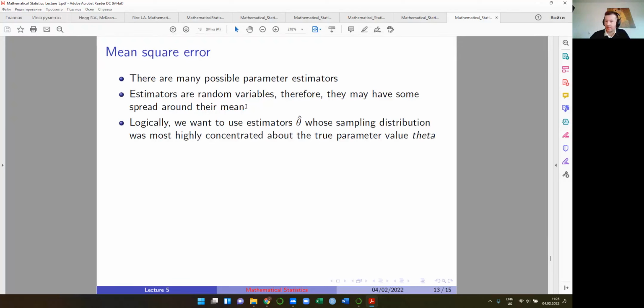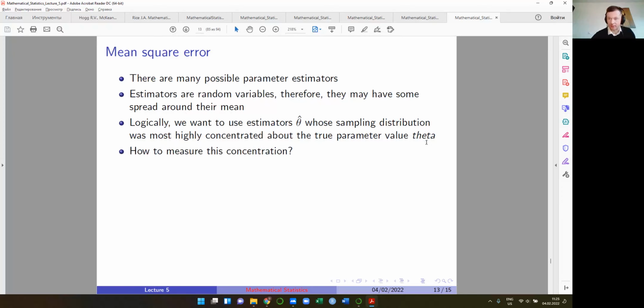They may have some spread around their mean, and we logically want to use estimators whose sampling distribution is highly concentrated about the true parameter value theta. So we want this possible error to be as small as possible. I guess it's very logical, right? I want to miss my target by the smallest possible value.